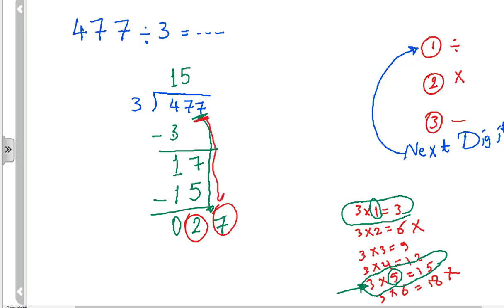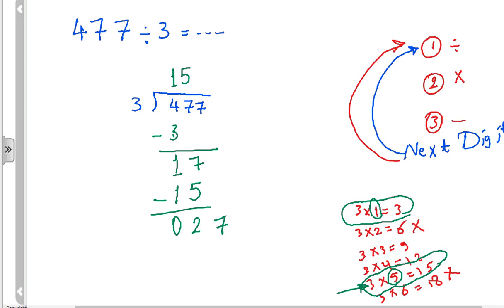We drop the next digit. And someone tell me, what should we do next? When we drop the next digit, we should repeat all the steps again, right?